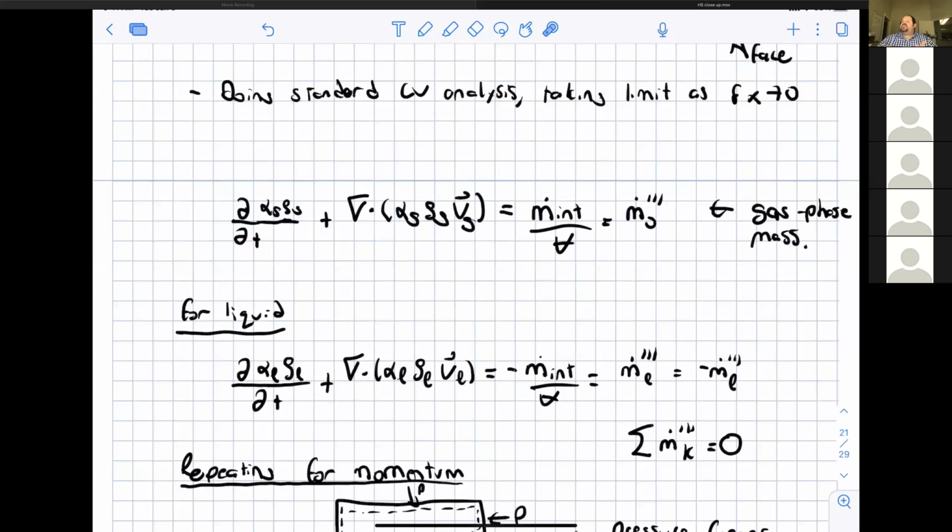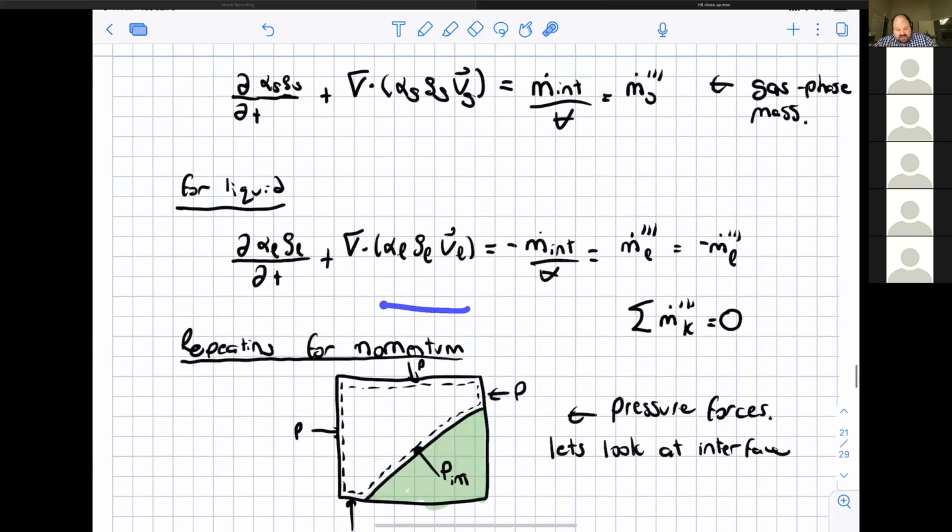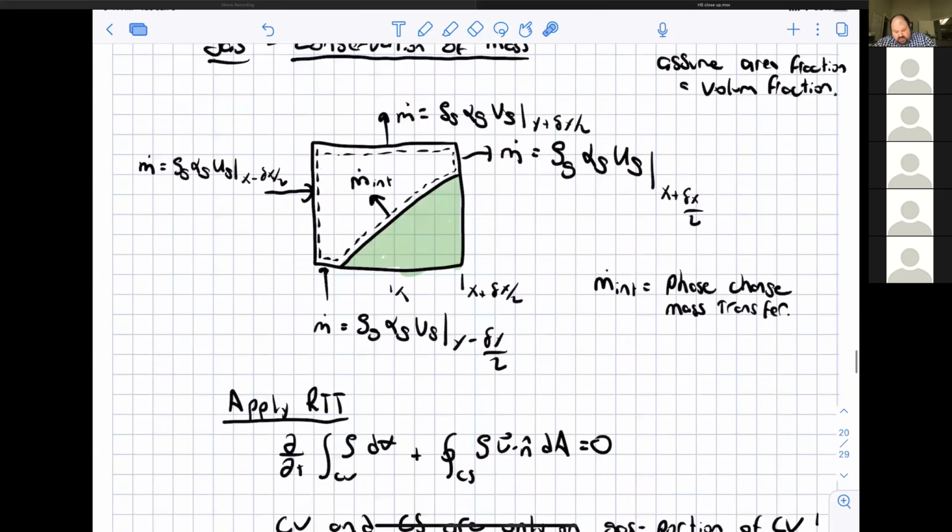And then we can repeat the same procedure that we did for the gas, but now on the liquid portion of the control volume, which is down here. If you do that, you wind up with the exact same thing, except that instead of gaining mass at the interface due to phase change, this is now mass that is leaving the liquid side of the control volume.